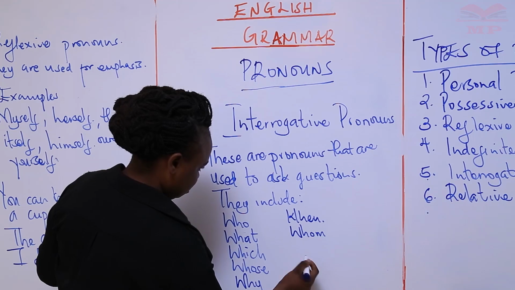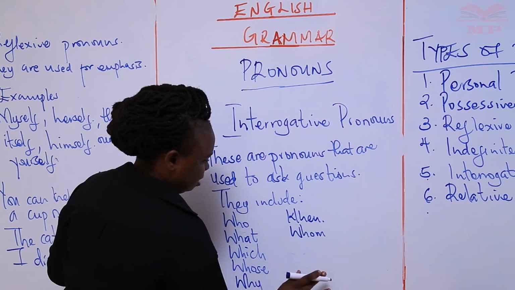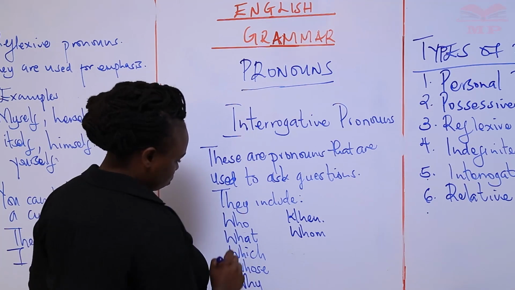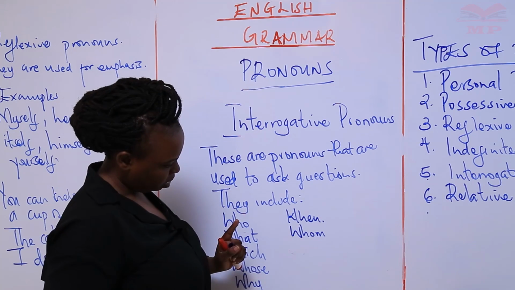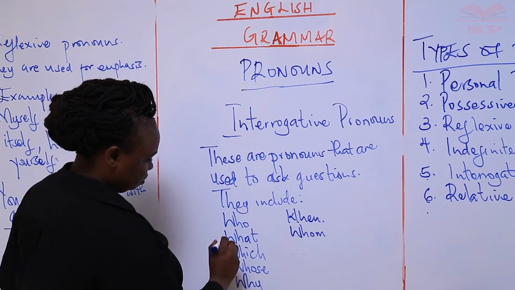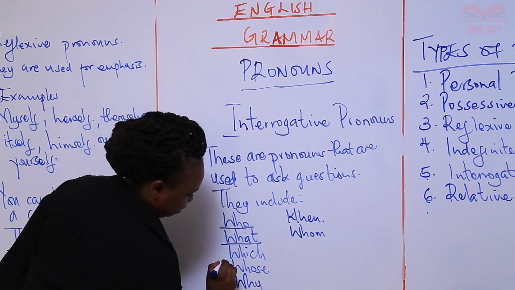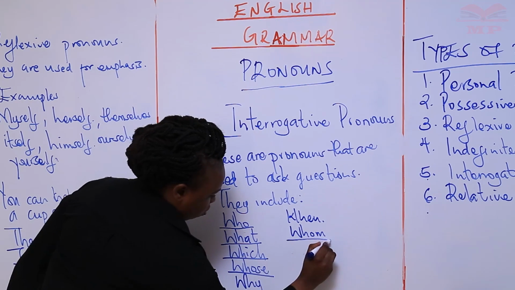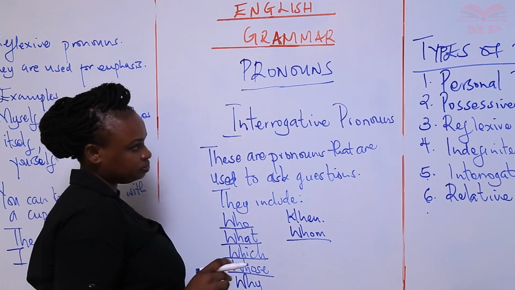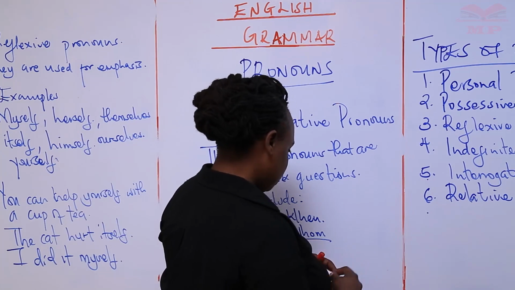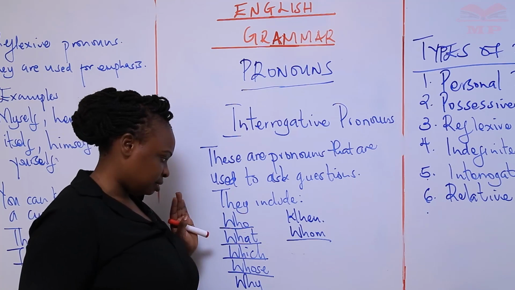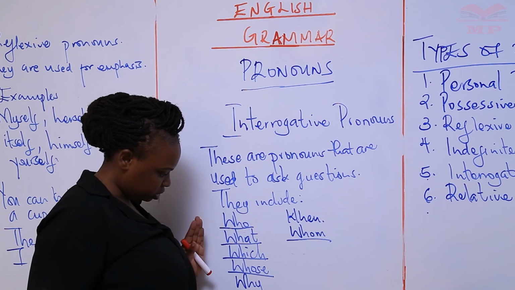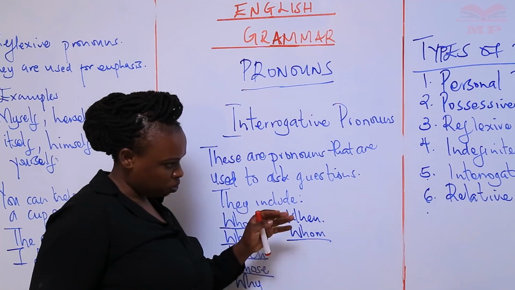Okay, I think those are enough. So, who, what, which, whose, why, when, whom. The most common ones are who, what, which, whose, whom. That is our focus today. You might encounter these ones: When did he arrive? Why are you crying? But now our focus is on who, what, whose, which, whom.